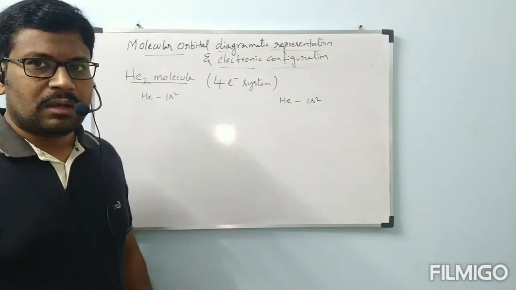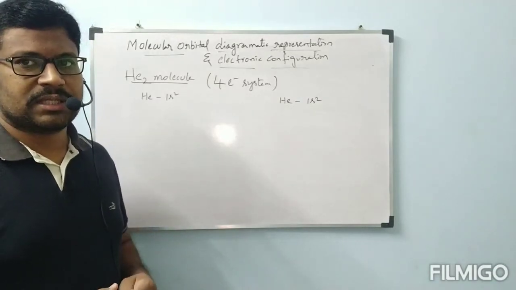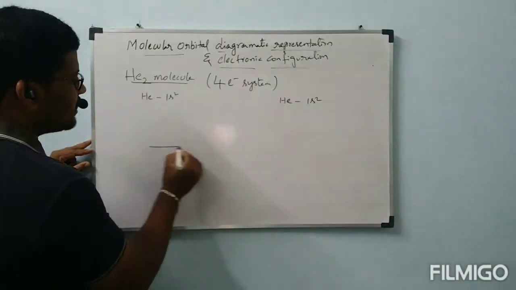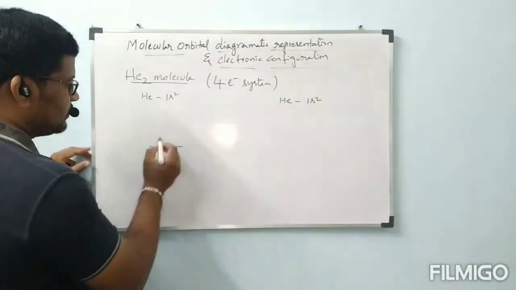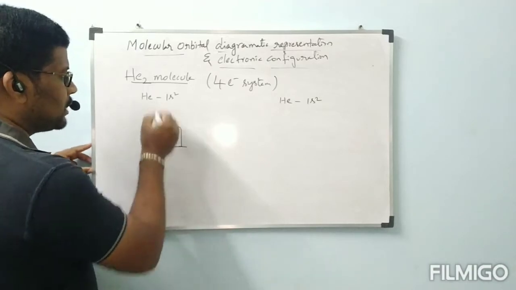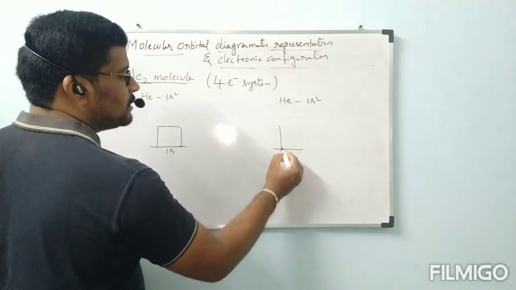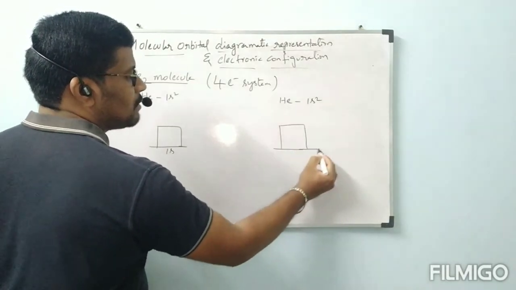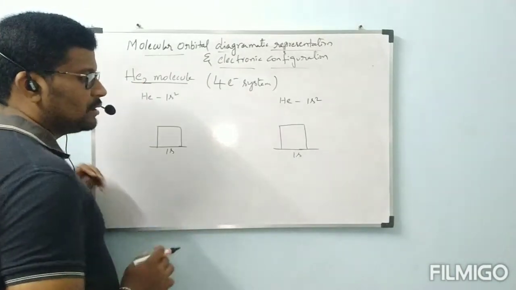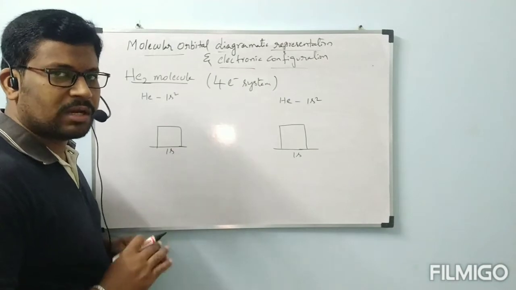Is it okay, ma'am? Now, how will these 4 electrons be filled? We will see that by showing the diagrammatic representation. This is the atomic orbital helium 1s. These two will undergo constructive interference as well as destructive interference to form molecular orbitals.